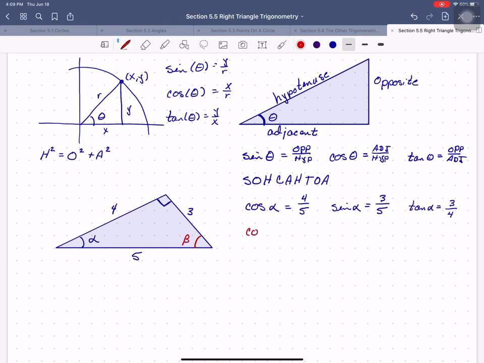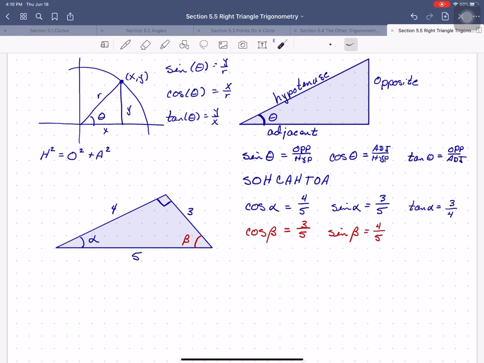Now, those are sine, cosine, and tangent of alpha, but suppose I label this angle over here beta. Well, cosine of beta is the length of the side adjacent to beta divided by the hypotenuse. The hypotenuse is unchanged, but if we look at where beta is in my triangle, the length of the side adjacent is now 3. The sine of my angle beta is equal to the length of the side opposite beta divided by the hypotenuse.